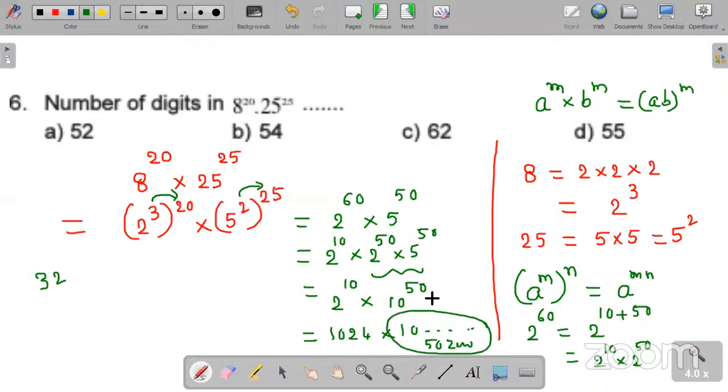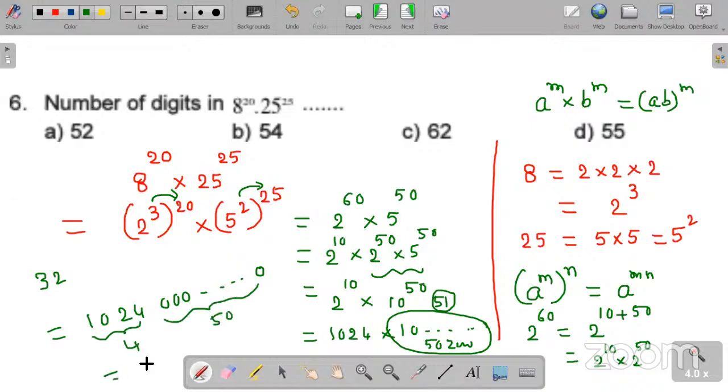That means 51 digits here, no, 50 zeros plus 4 digits. Total 54 digits in this resulting number.